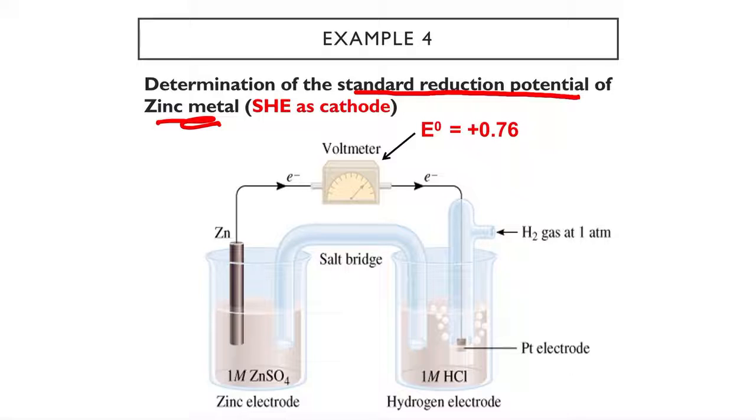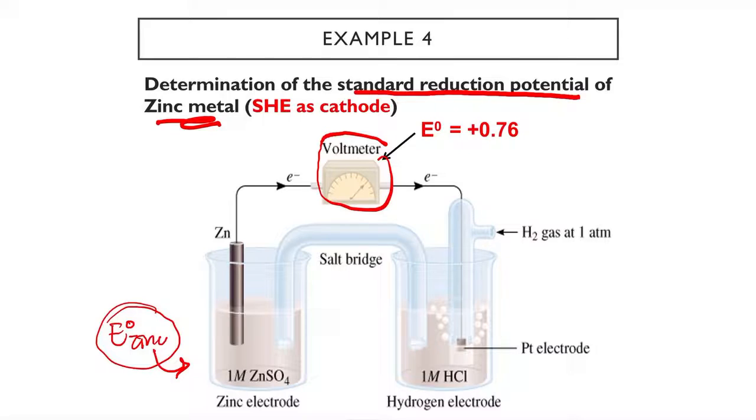Okay, so your galvanic cell here has a redox reaction going on. Okay, so you want to know how much is the E0, okay, for zinc, right? Okay, but we do not know this. Okay, but we know the reading of your voltmeter.